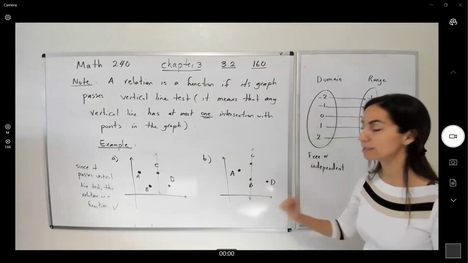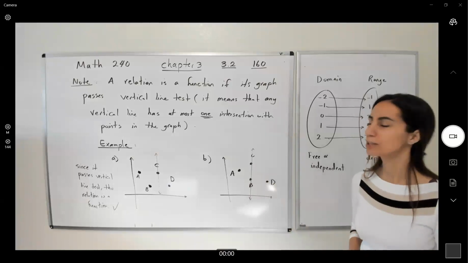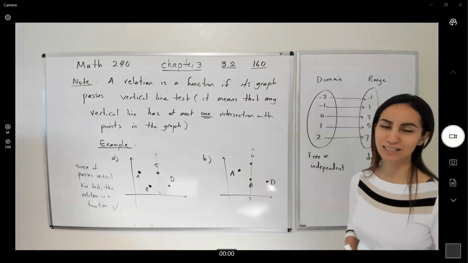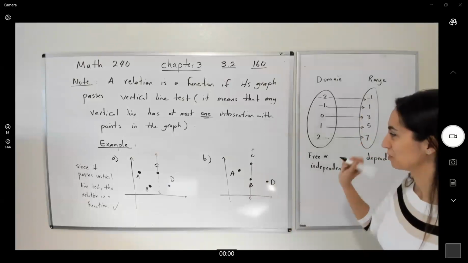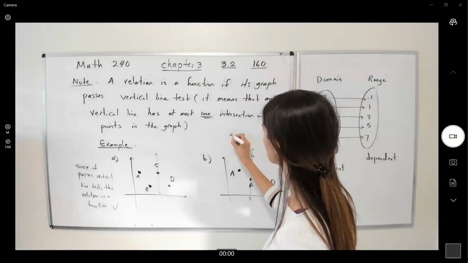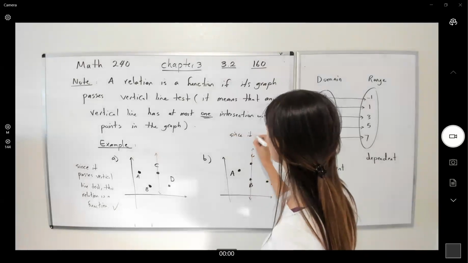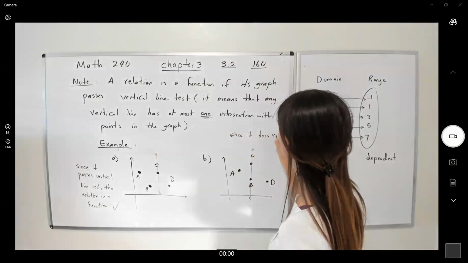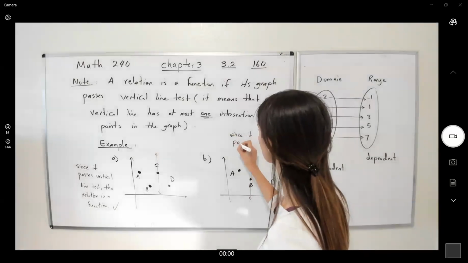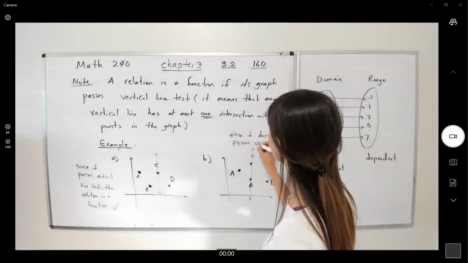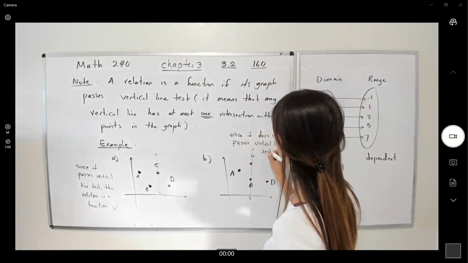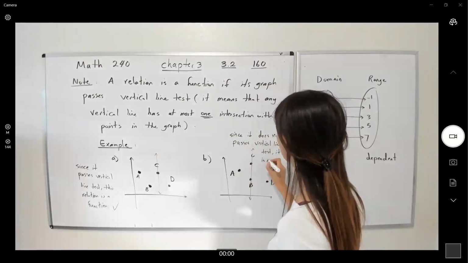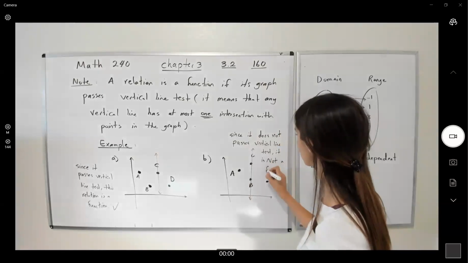So this relation doesn't pass the vertical line test, so we say that it is not a function.